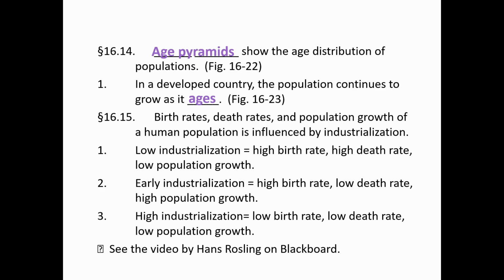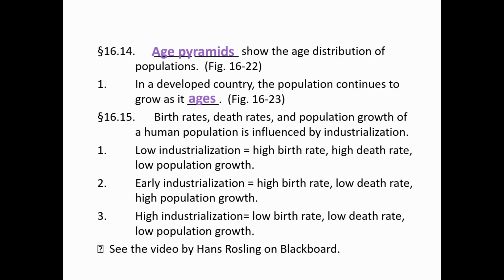In a low industrialization country or population, the birth rate is very high, but the death rate is also very high, meaning overall our population growth is low. Because while many babies might be born, many individuals are also dying. So the births and the deaths kind of cancel each other out.